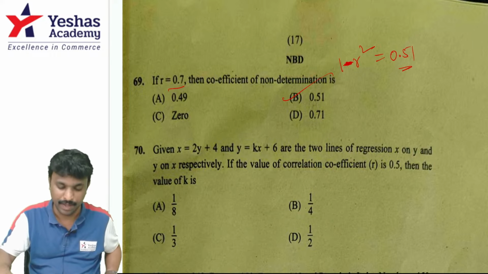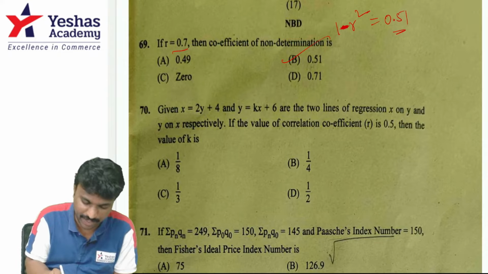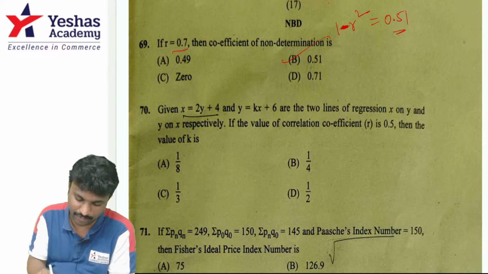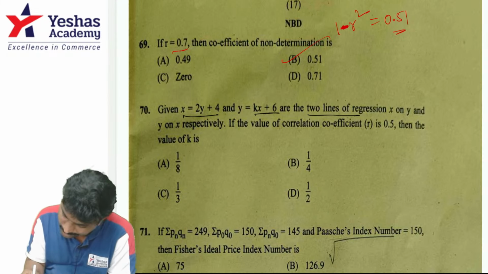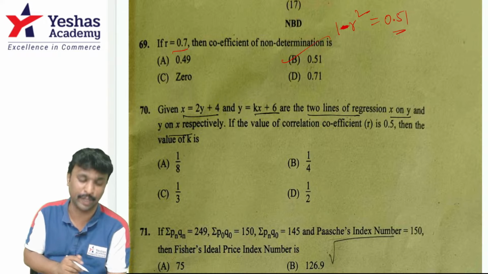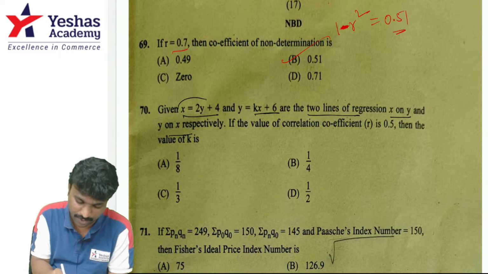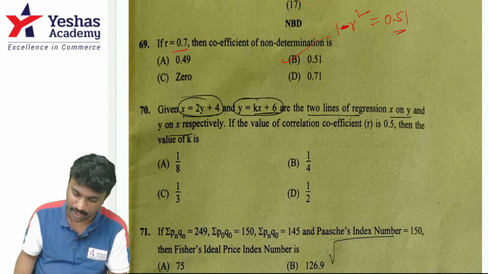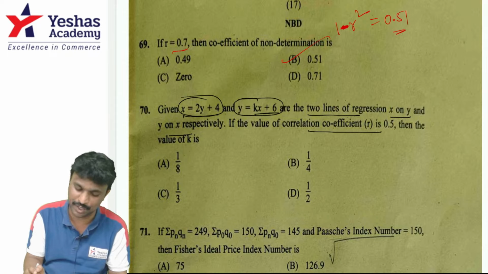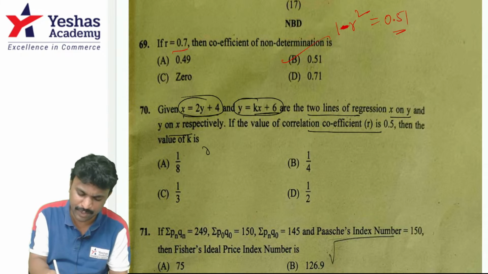Have you all understood? Moving on to the next question, given x is equal to 2y plus 4 and y is equal to kx plus 6 are the two lines of regression of x on y and y on x respectively. That means this is x on y, this is y on x, right? Now they are also given the correlation coefficient R. Guys, what is R?